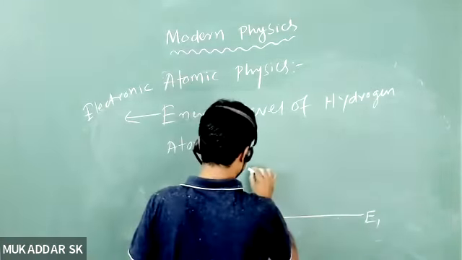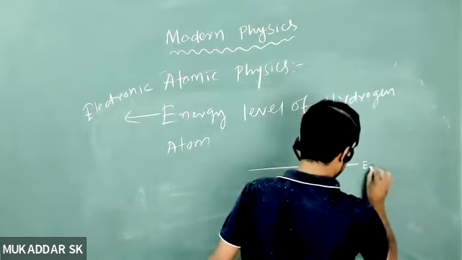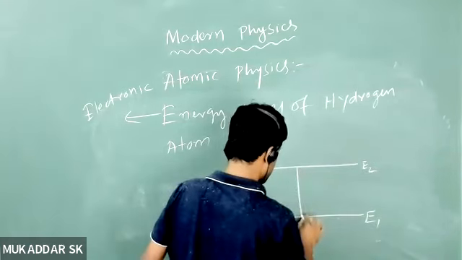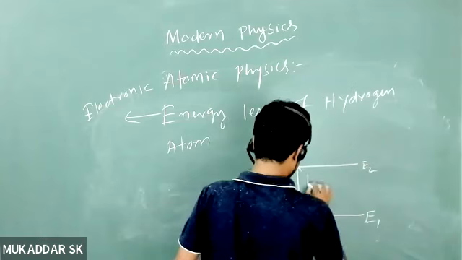Then this is your first excited state, E2. This gap will be 10.2 electron volt.